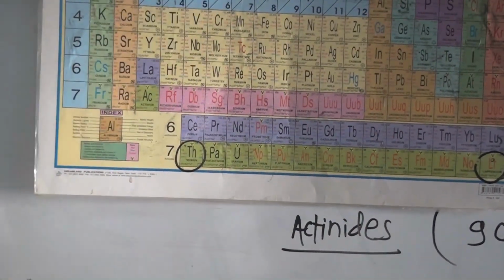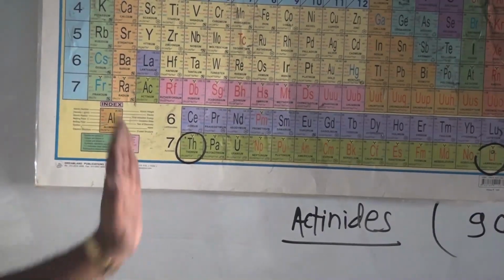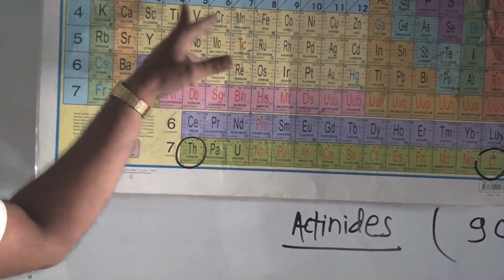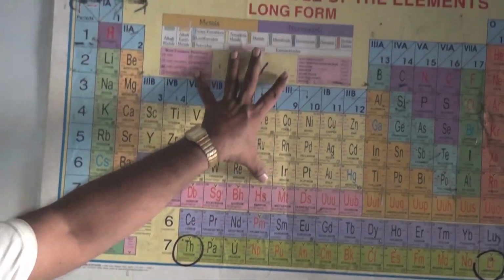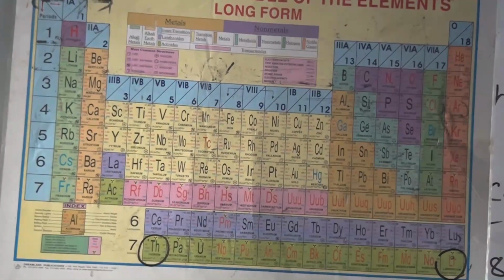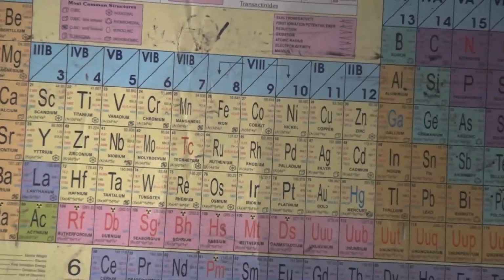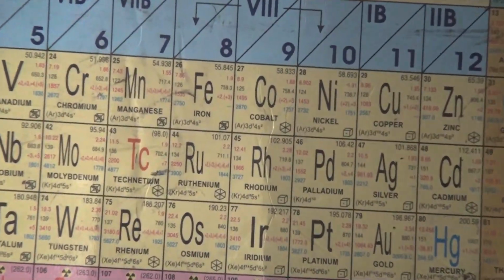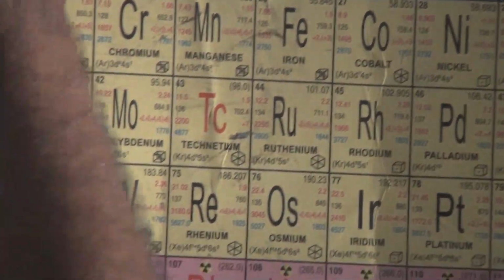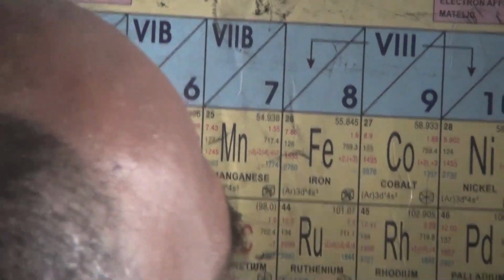This tabular arrangement of elements makes their study easier and more scientific, and this tabular chart is called a periodic table. In Mendeleev's periodic table, elements are arranged in the increasing order of atomic masses, whereas in the modern periodic table, elements are arranged in the increasing order of atomic numbers.